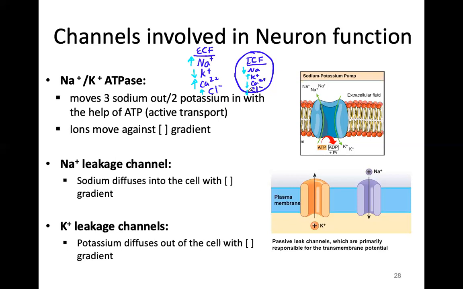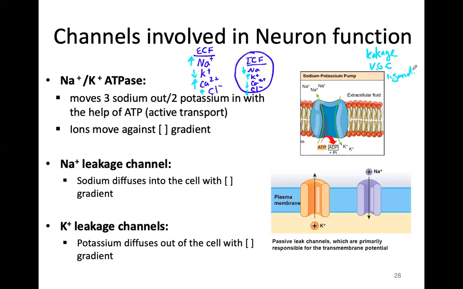Which means, and remember this, guys, if these channels are open, they're always going to move ions with their concentration gradient, from high concentration to low concentration.